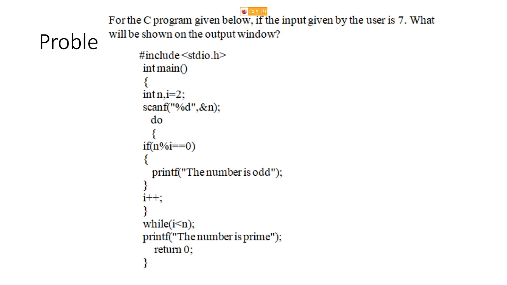So now we enter the while loop, and now i value is 3 and n value is 7. So 3 is less than 7. We'll go again, right?